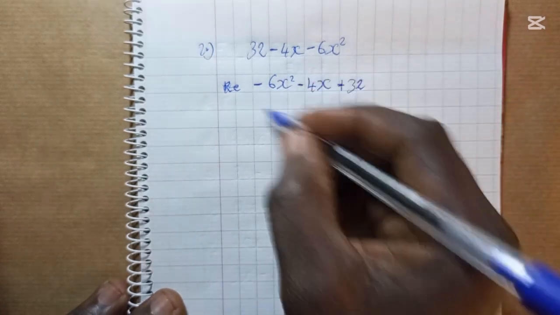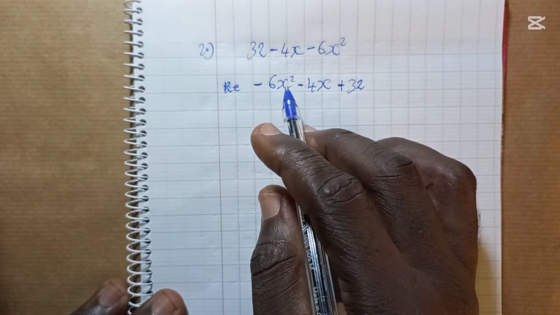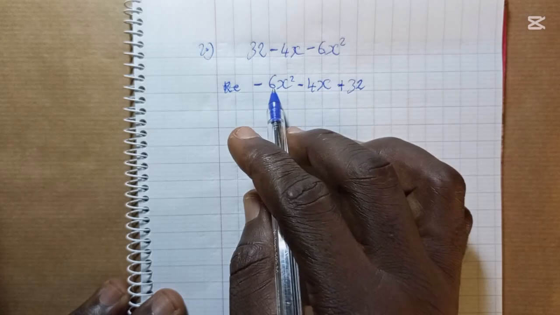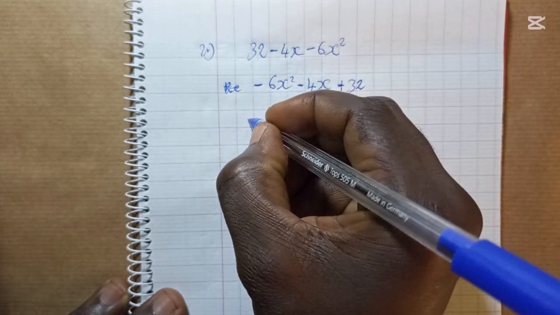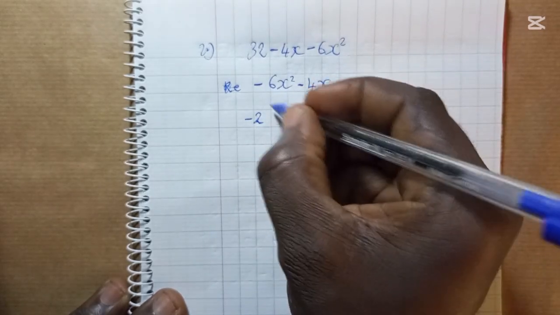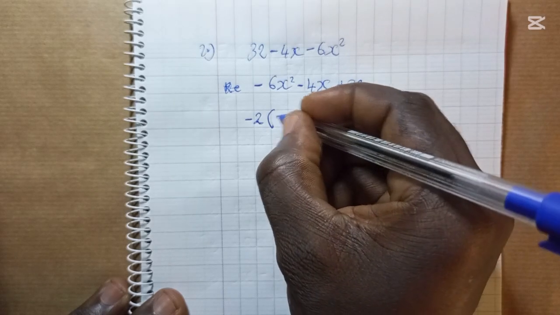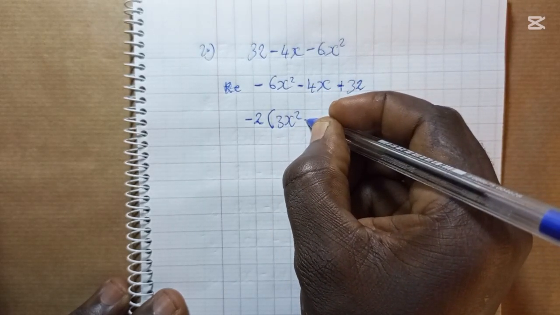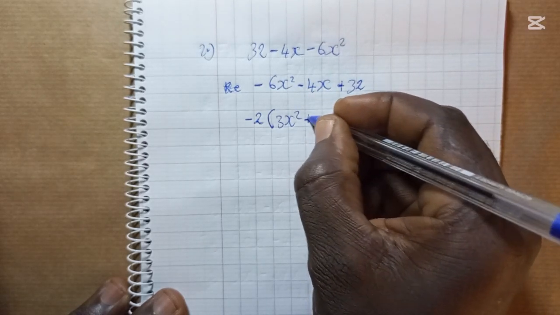Now I've arranged it. The next step here is I'm going to factor out minus 2. We can get 2 here, 2 here, and 2 here. So I'm going to factor out minus 2. 6 divided by 2 will give us 3x square. This minus will affect this, that will turn plus.